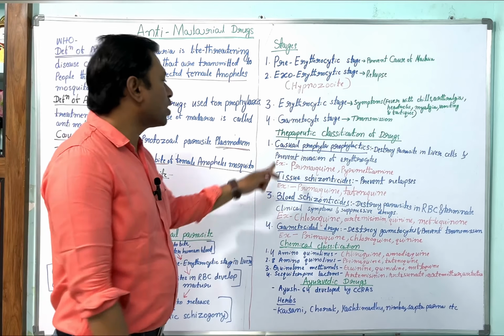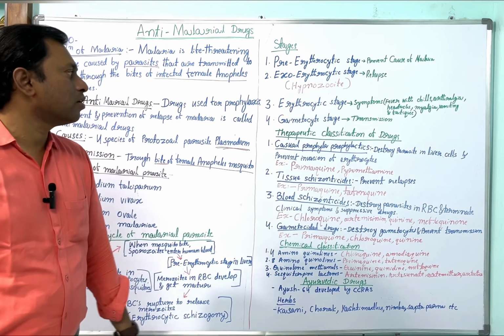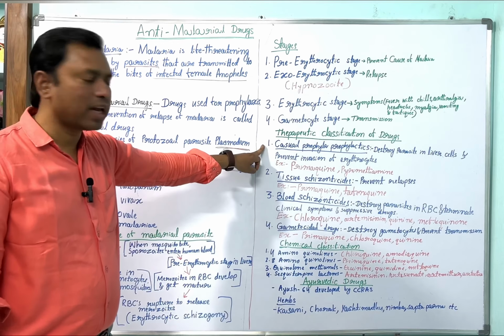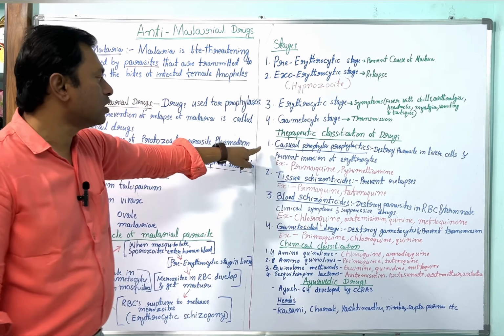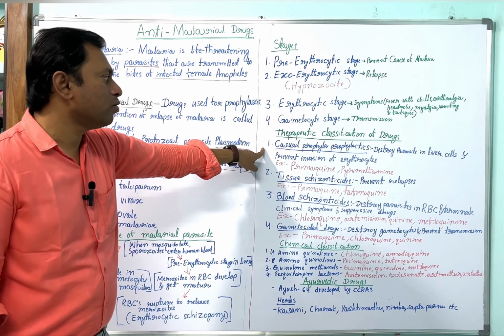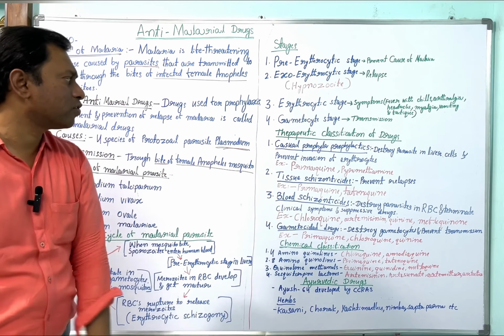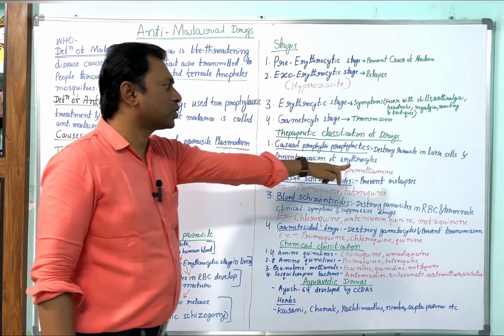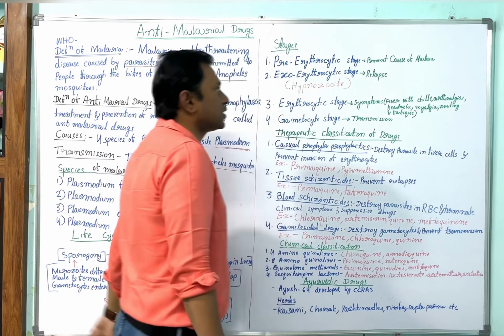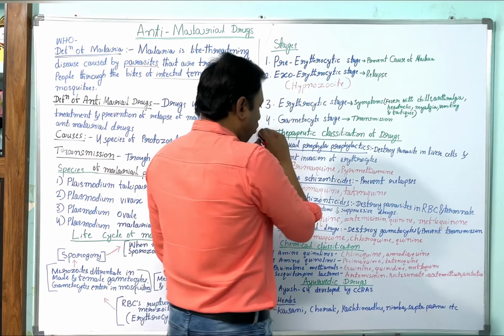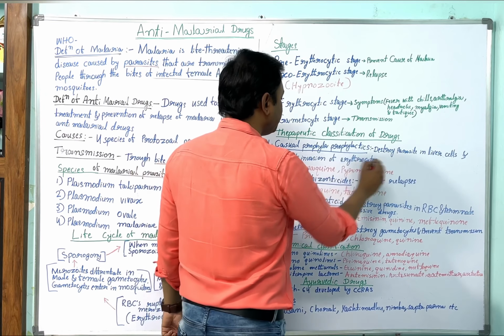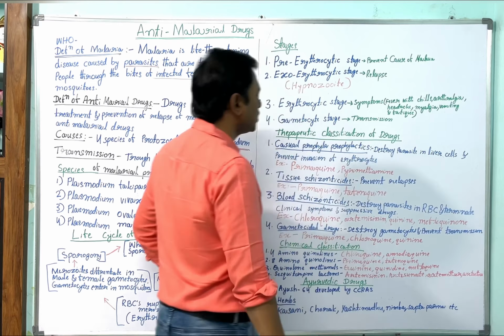Now come to the therapeutical classification of the drugs. Therapeutical classification is again 4 types, like these stages. First of all, the causal prophylaxis. Here the causal prophylactics destroy the parasites in liver cells and prevent the invasion of the erythrocytes.